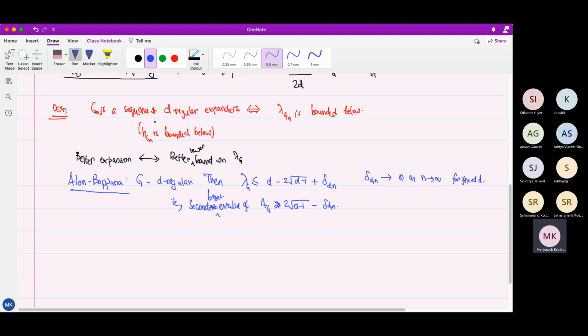So this is how this other definition comes. There is a definition which I will just mention.